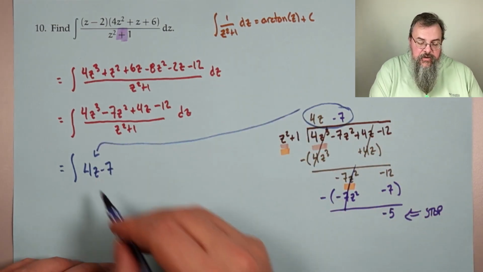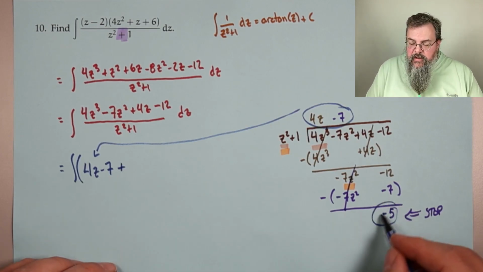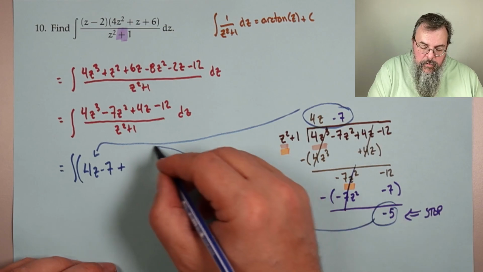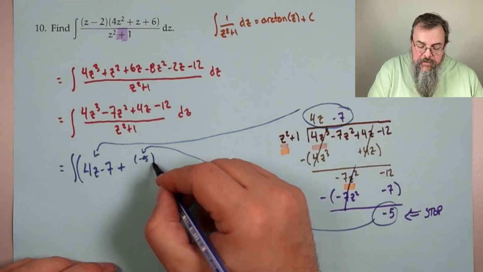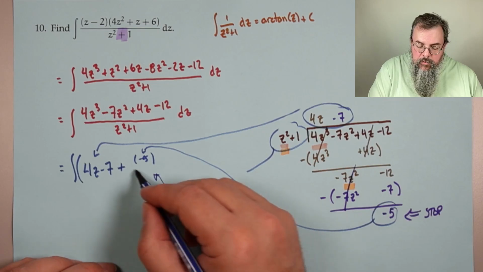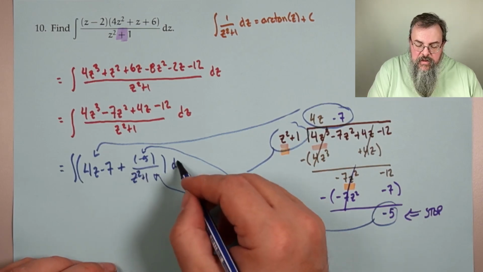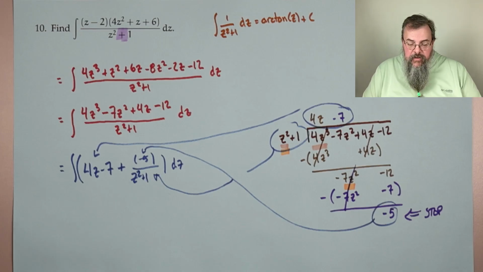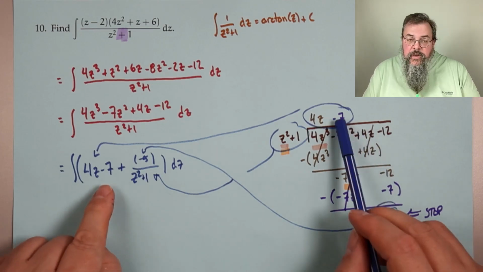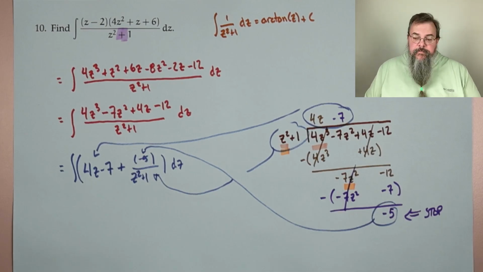You've divided it out, plus the remainder, negative 5, and then divide by what you divide by, z squared plus 1, dz. Okay, so what you have, your remainder, what you divide by.